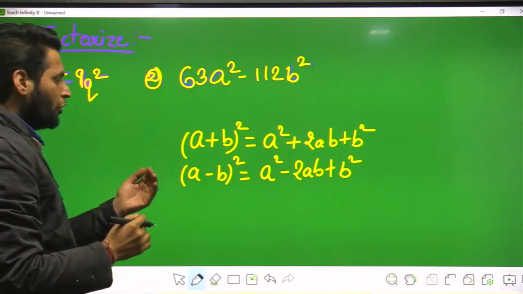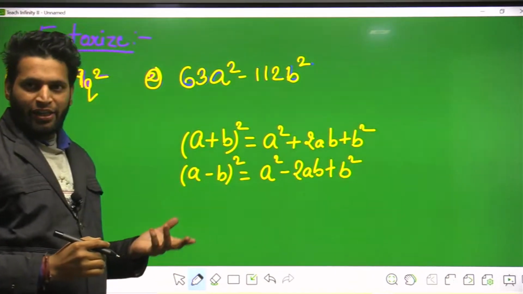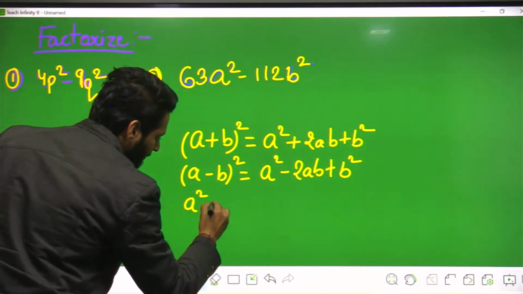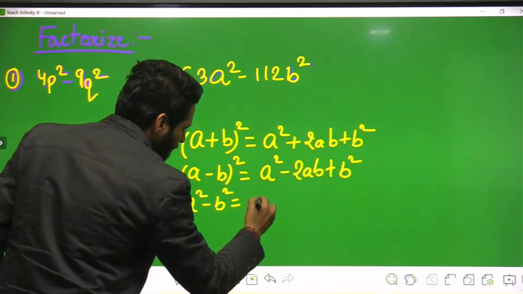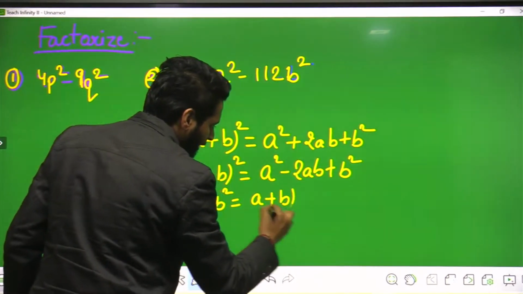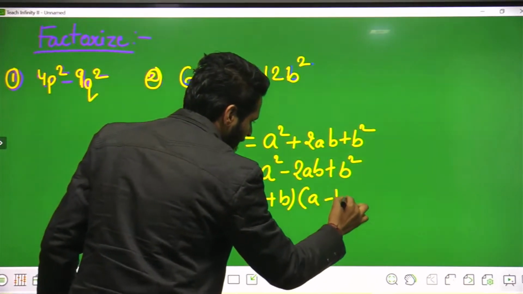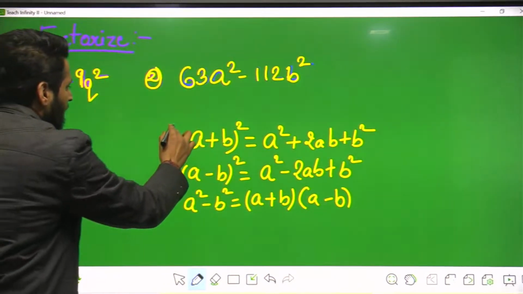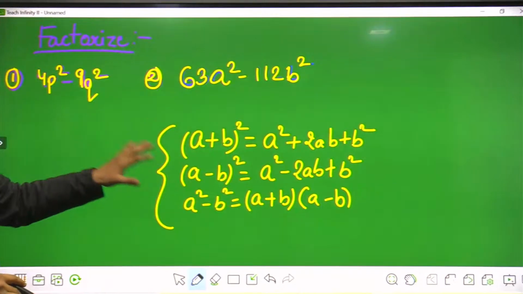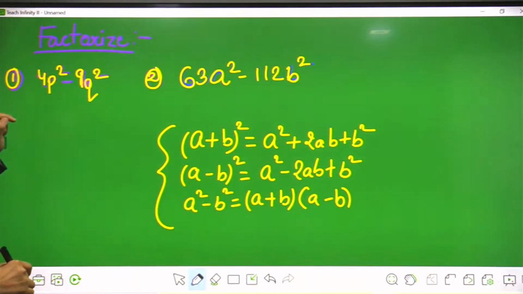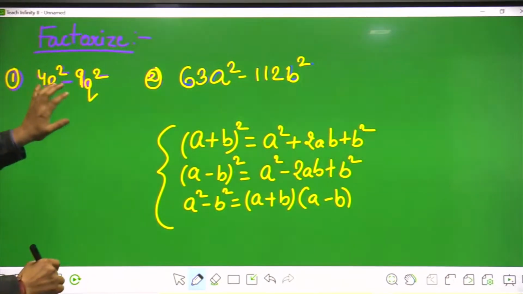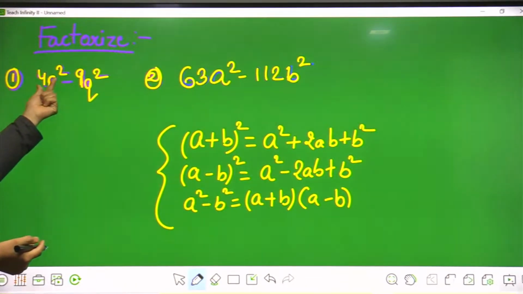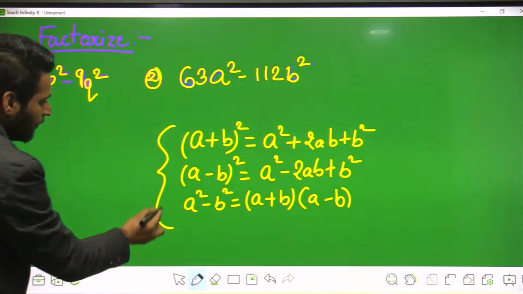We also know two more identities: a square minus b square is equal to a plus b and a minus b. Among these three identities, we can apply this one in this question, because the expression is in that form.